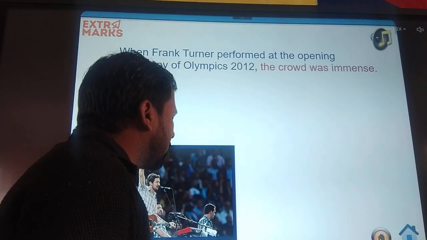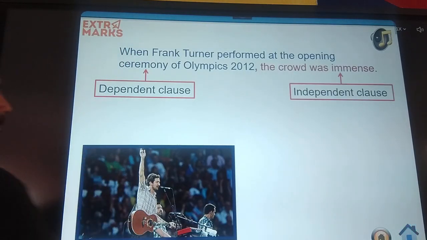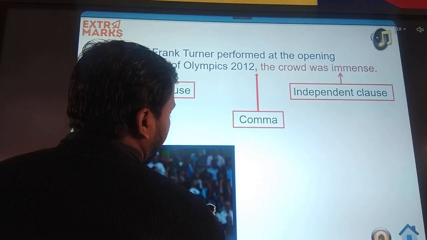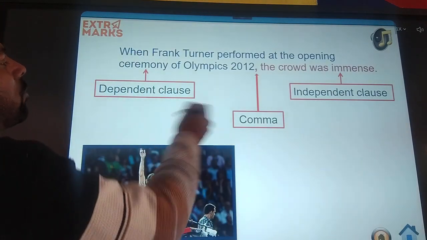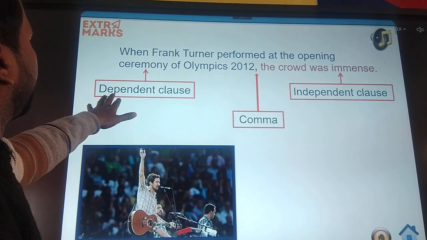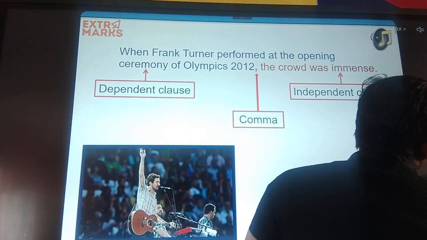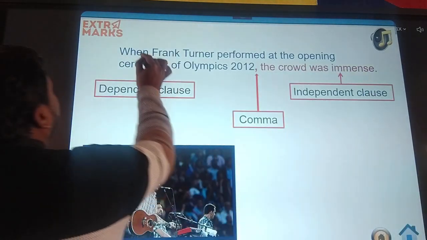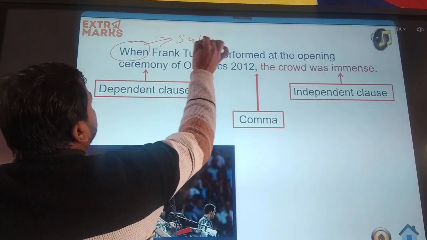So you can see here the dependent clause and here the independent clause. Before both clauses there is a comma. This is the dependent clause. Why? Because in this sentence you can see the word when, and it is a subordinating conjunction.